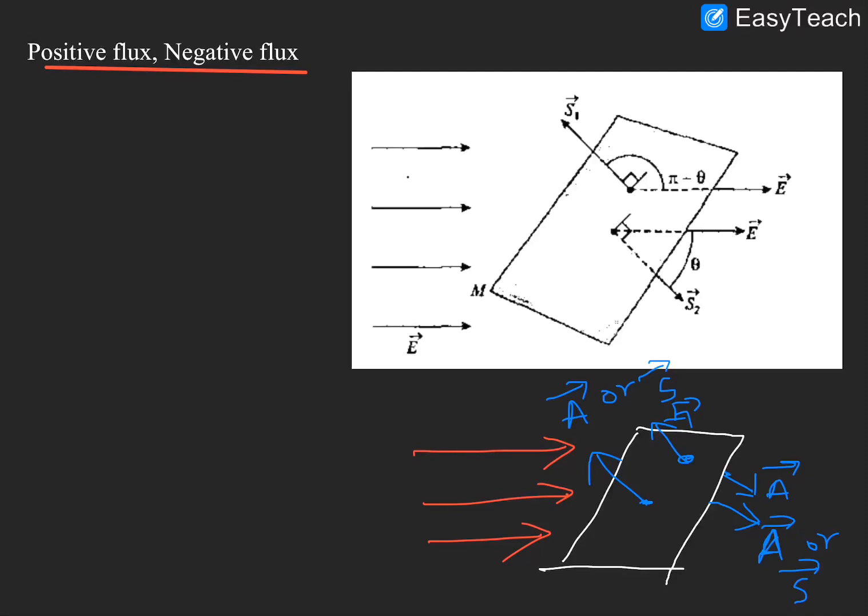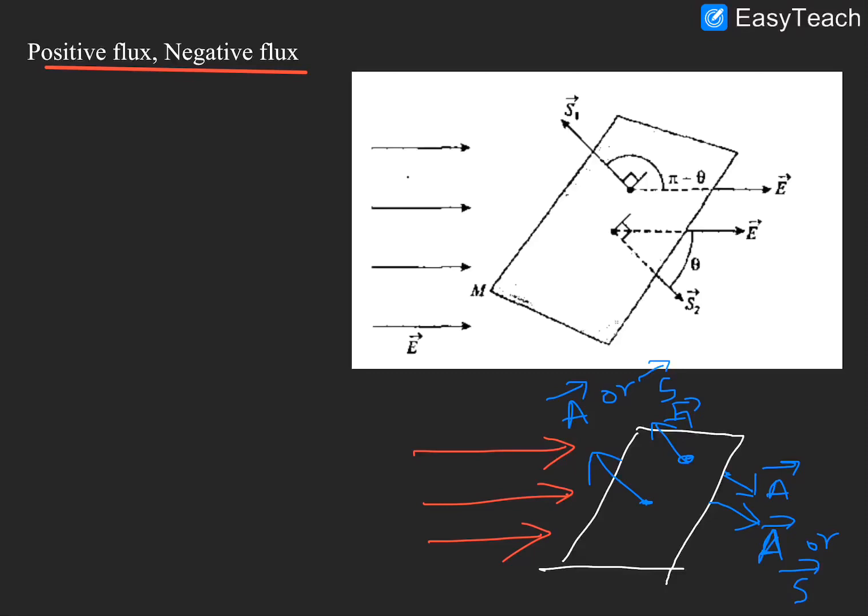If you consider this side as upward direction, one is pointing upward, other is pointing downward, depends upon the orientation. The same case is there in this diagram also. For the given surface, there are two area vectors, one in this direction, another in this direction.